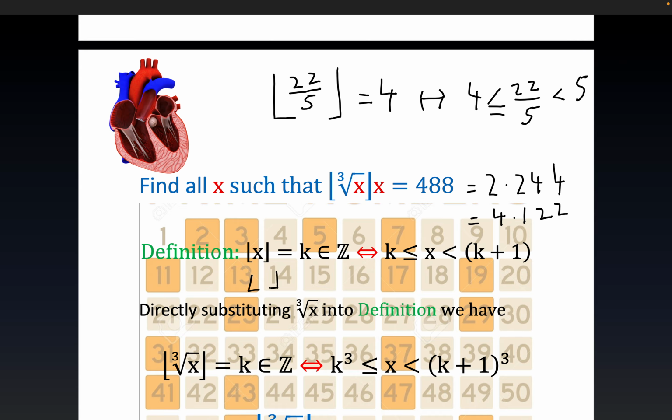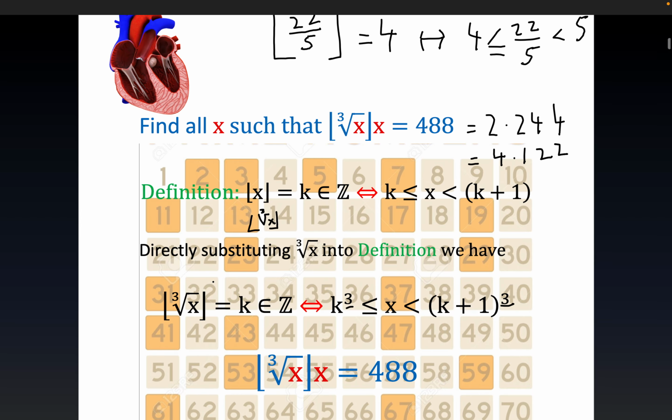So you would have k less than or equal to the cube root of x less than k plus 1. But to get it to be x, something we can work with, we have to cube both sides. So that's where this cube comes from, here and here. Again, this is just immediately substituting this in right up here. Now let's move along and see if we can work with that.